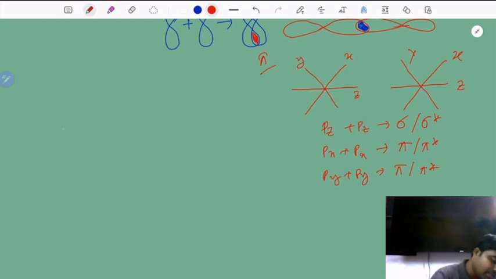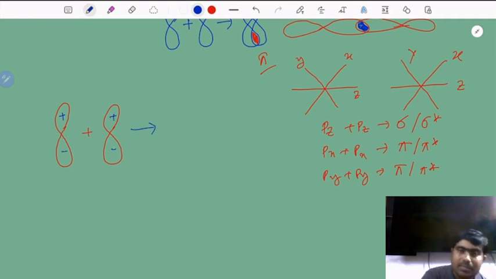What is the diagram? Suppose we have a p orbital, this is another p orbital, plus I have written another p orbital. See, there are two p orbitals I have written, and the charge of the orbitals is, suppose these are plus plus, these are minus minus. Okay, you know the charge of the plus and minus.